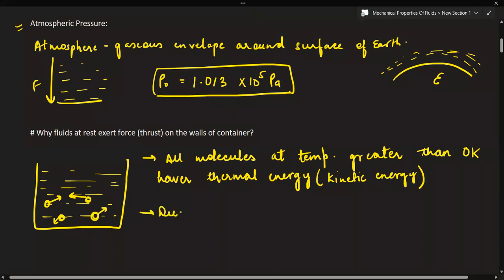And due to this kinetic energy, these molecules collide with the walls of the container.